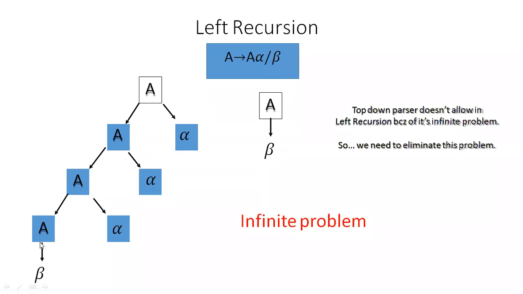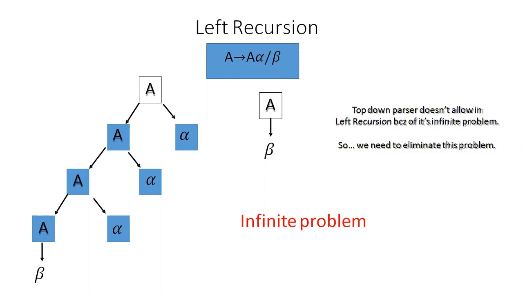When I place a beta in the place of this non-terminal A, then it ends. But how many times is the alpha repeating here? It forms a loop structure. That's why the left recursion in the top-down parser can enter into an infinite loop.